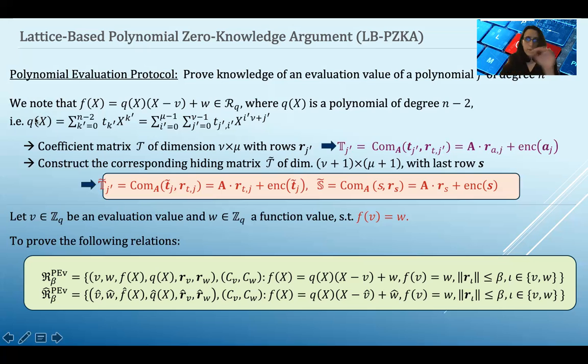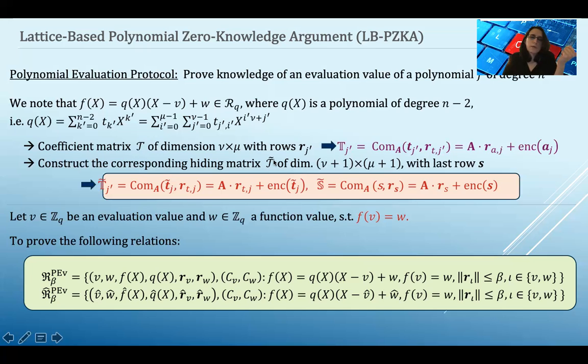Again, we need to apply exactly the same procedure to q as we have done for f. So we decompose q into this representation, and then we compute the corresponding coefficient matrix. Then we mask this coefficient matrix. The coefficient matrix of the original polynomial q was t.